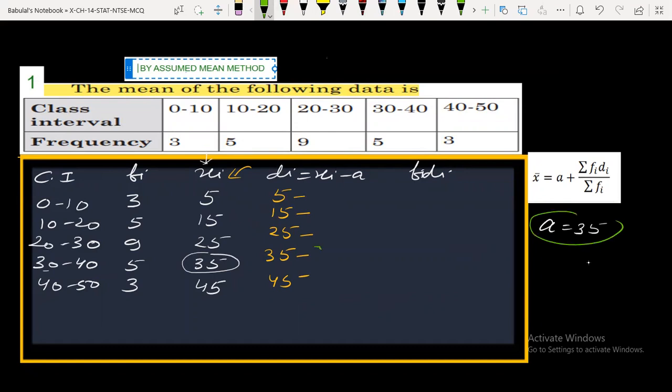So you subtract 35 here. 35 minus 35 gives 0, then it will be minus 10, minus 20, minus 30, and this will be plus 10.